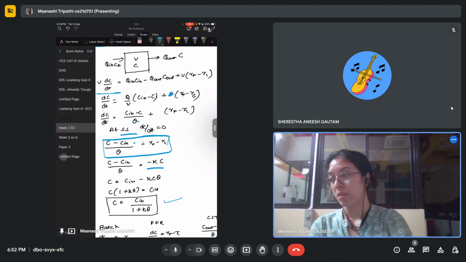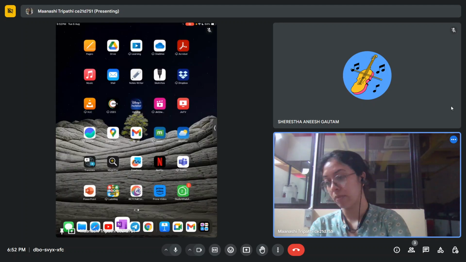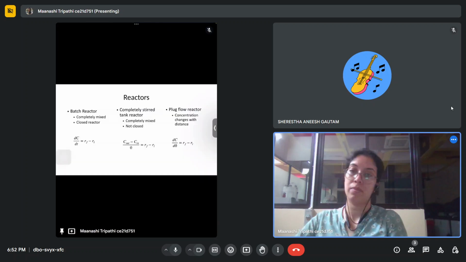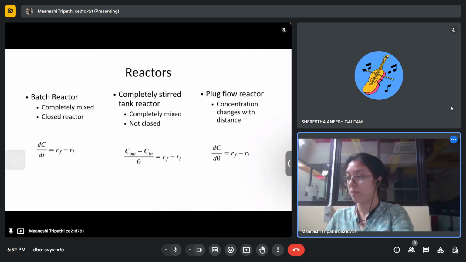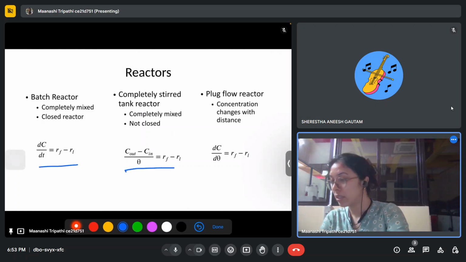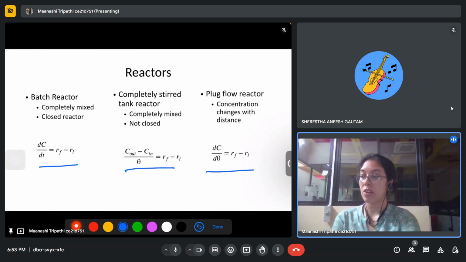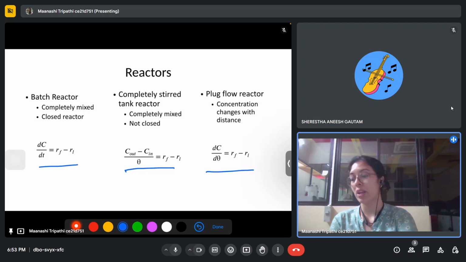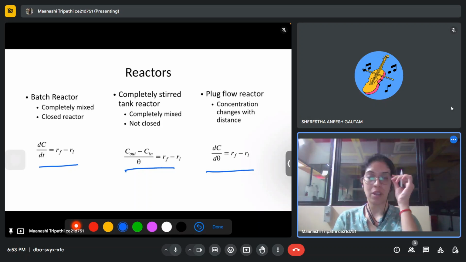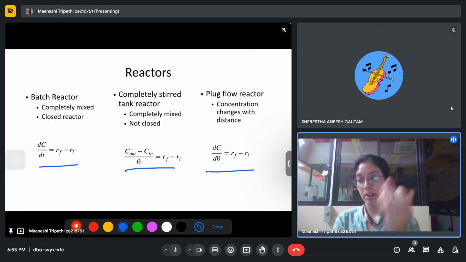So this is our basic equation. Just in place of Rf minus RL, we can put any order: 0 order, first order, second order, third order. You can all try writing the equation for different orders, and we can discuss them next week.